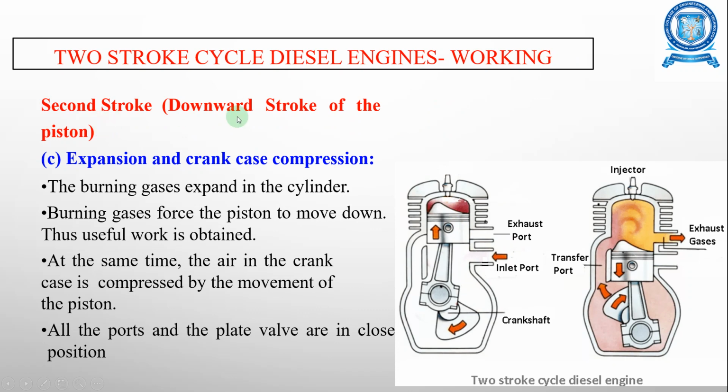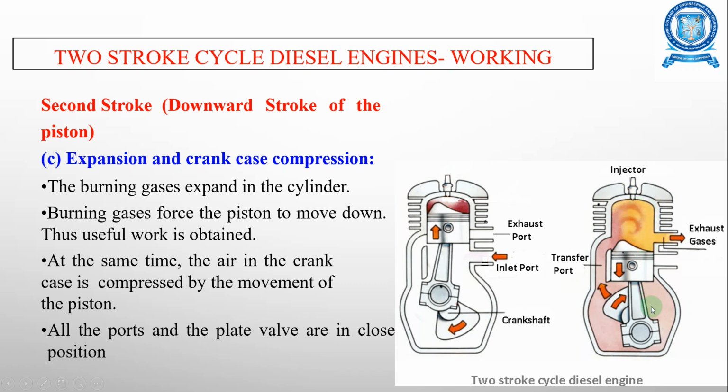In the second stroke, the downward stroke of the piston, expansion and crankcase compression happen. Here you can see the burning gases expand inside the cylinder. As a result, pressure increases, and the burning gases force the piston to move down, thus producing useful work.